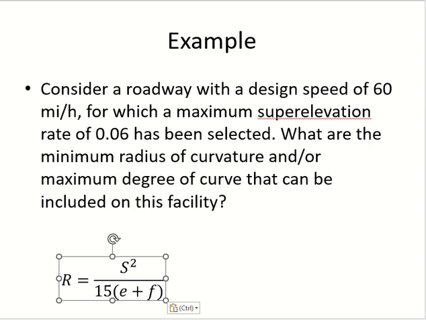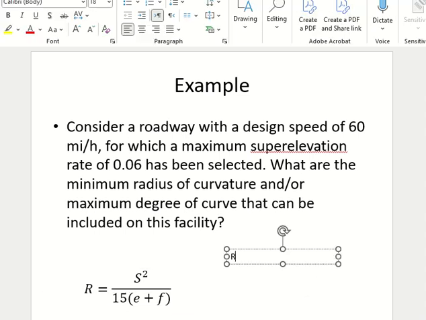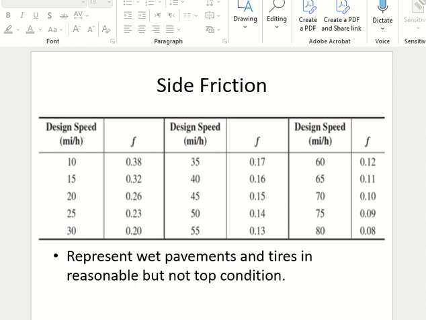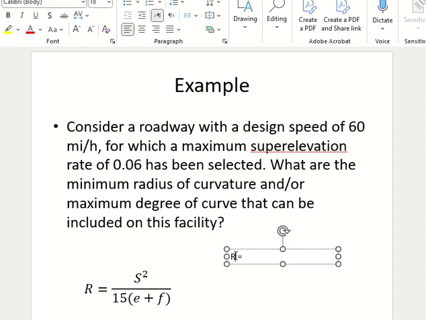Give me the radius. The speed is 60, right? So for 60, the f value is 0.1. The radius is 1300 feet.